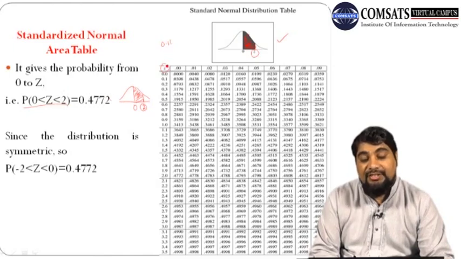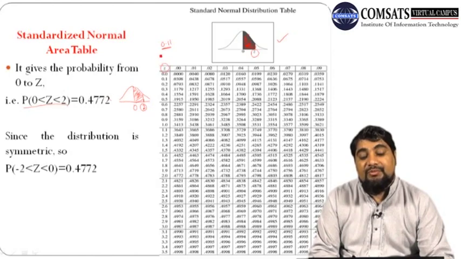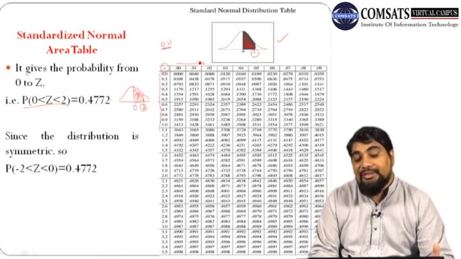The first two digits in this number, which are 0.1, we need to locate downward, and the next digit, which is actually 0.01, we need to locate rightward.